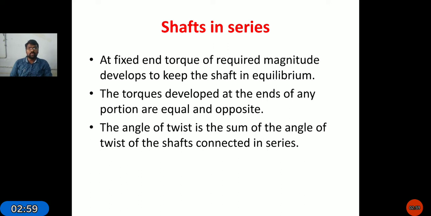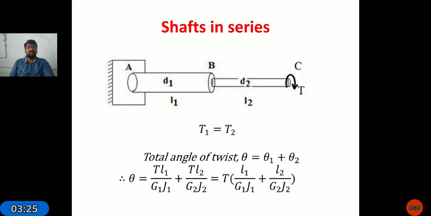Whatever the amount of torque we are applying, the same amount of torque will develop at the fixed end but in the opposite direction. The angle of twist is the sum of the angles of twist of the shafts connected in series. The torque can be calculated by adding the torque developed in different shafts. It is in series condition.